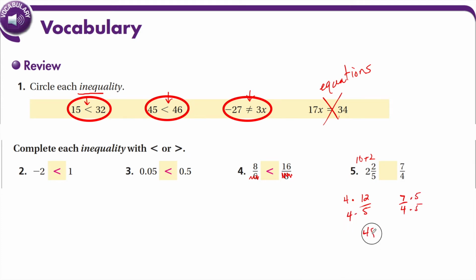So you get 48 over 20 has to be something to the 35 over 20. So which one is it? Is it going to be less than or greater than? Well, in this case, 48 is going to be greater than 35, so 2 2/5 is going to be greater than 7/4.